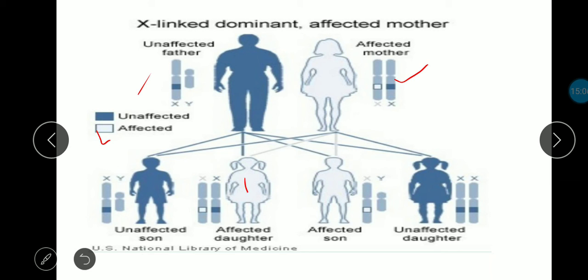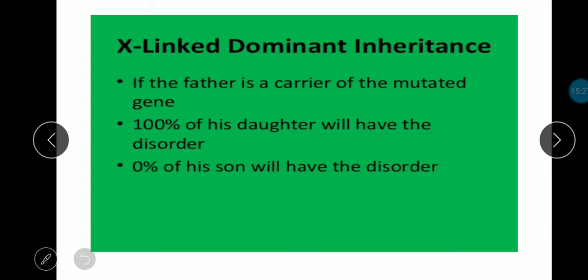These two are affected and these two are unaffected. This means the X-linked dominant gene is transferred through the affected mother into the next generation.